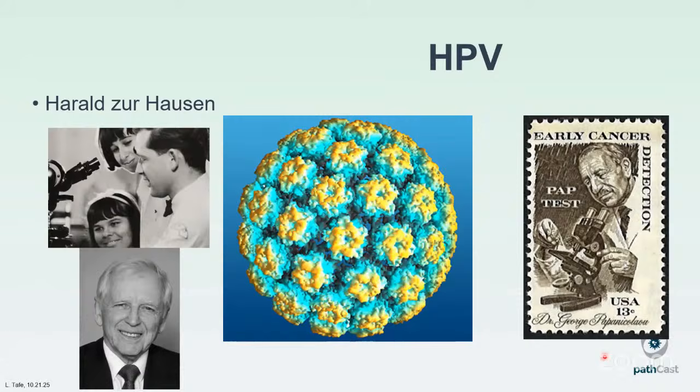And the story of HPV's connection to pathogenesis was in part due to the work of Harald zur Hausen, a virologist who contributed a lot to this field of oncogenic virology.